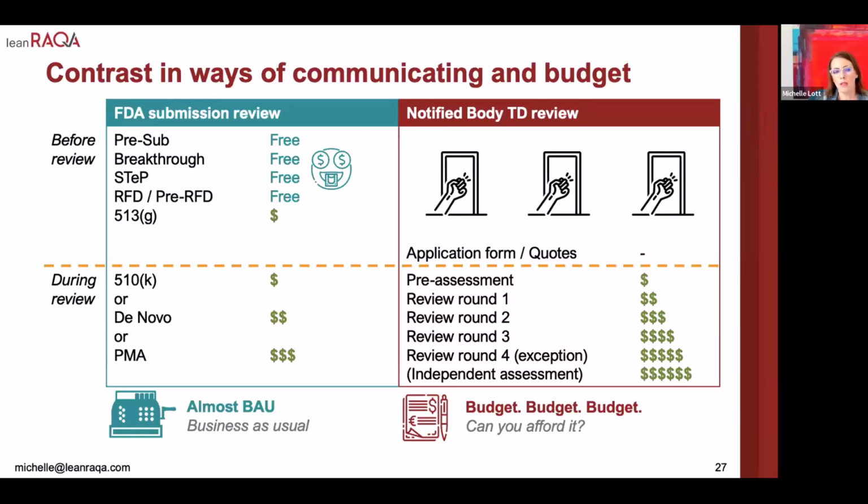If you look at the cost of an actual review, the 510Ks, like we saw, is in the neighborhood of $5,000. In general, these pale in comparison to the amount of money that you're going to spend between the review rounds with the notified bodies.